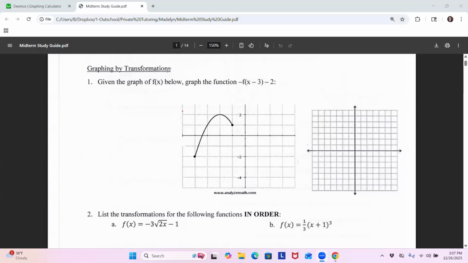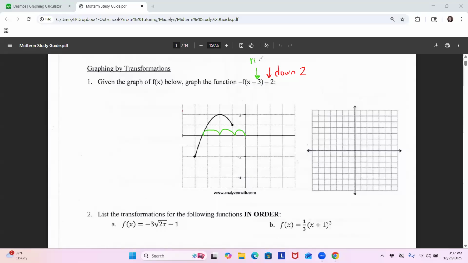It says graphing transformations. Given the graph of f of x below, graph the new function. All right, well, I know this is going to take it down 2. And then this one inside with the x is your horizontal shift, and it lies. So you would think negative 3 would take you to the left, but it doesn't.